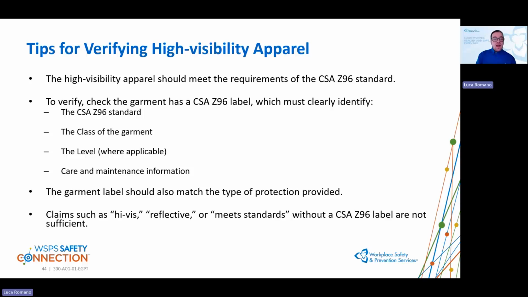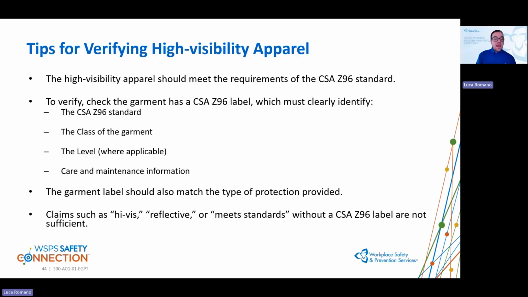How to verify high visibility apparel. To start off, you can take a look at the CSA standard that exists, and that's CSA Z96. You should take a look at the garments themselves and check that they're meeting the requirements of the CSA standard: that there's a label identifying or referencing the CSA standard, that it references a class or level where applicable, and that it matches the intent of what you've ordered.